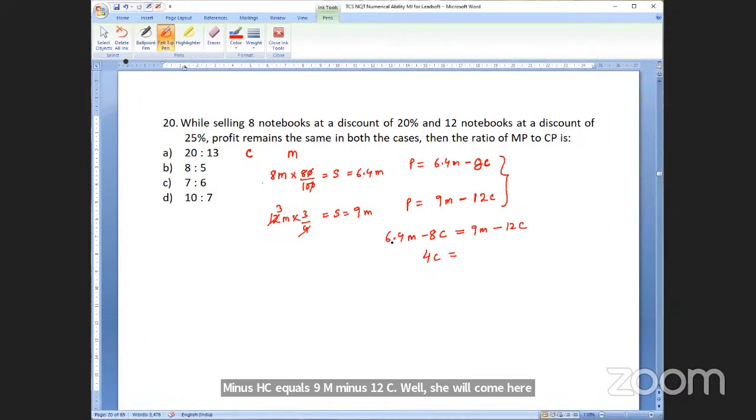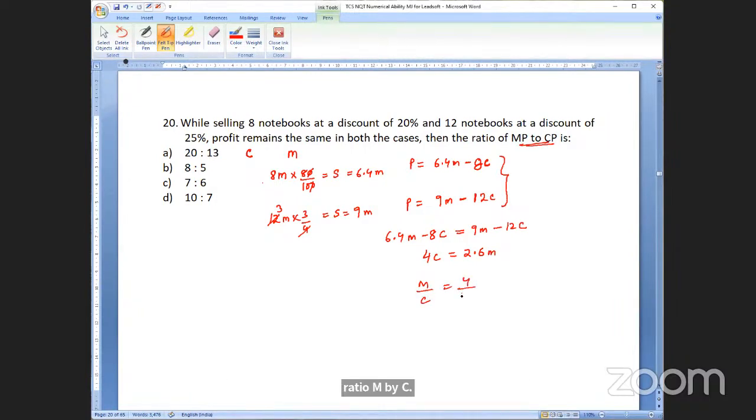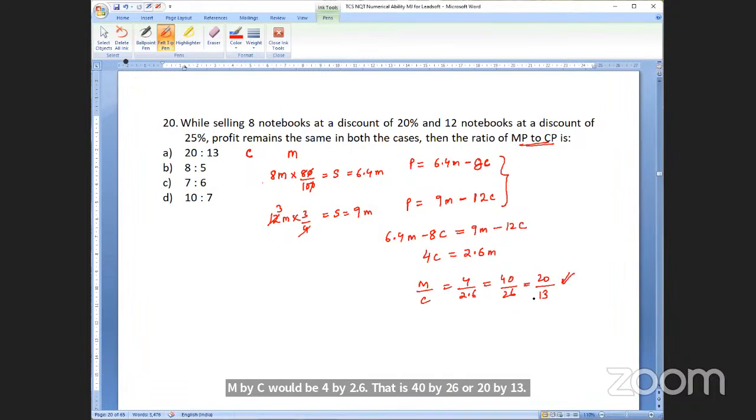And 9 minus 6.4 would be 2.6M. We're looking out for the ratio M by C. M by C would be 4 by 2.6. That is 40 by 26 or 20 by 13. That is mark price is 20x and cost price per book is 13x. Option A fits in.